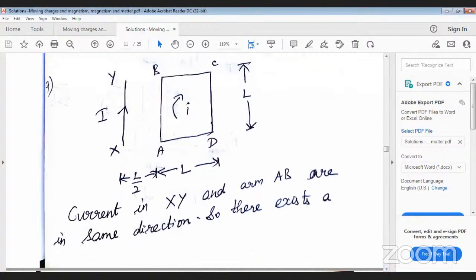We know very well that when current carrying conductors carry current in the same direction, they will attract each other. So this arm will be attracted to the wire. At the same time, this arm and this wire carry current in opposite directions, so this arm will be repelled. Like that, you need to understand this.